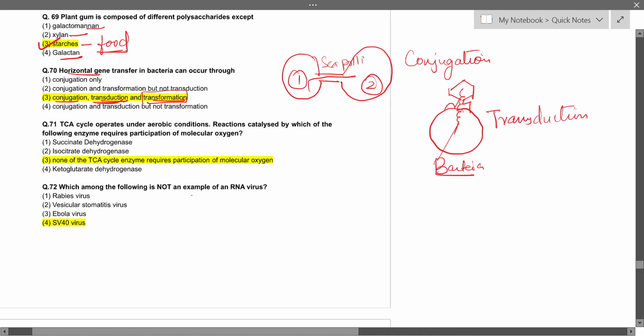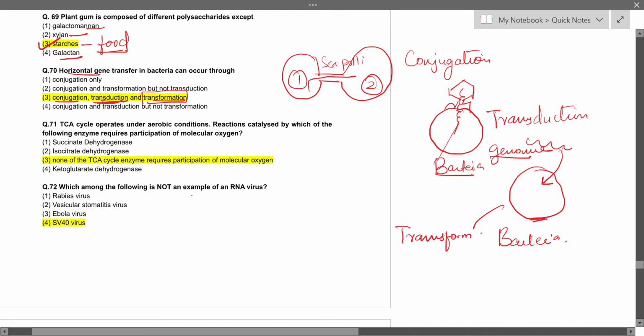Transformation is when a bacterium is present, and in its surrounding any genome is present, and if this genome is compatible with the bacterium, it can take up this genome within the cell. So this process is called transformation. We see transformation in Griffith's experiment. Griffith's transformation principle was given. What was the bacterium doing? It was taking up the genome from its surrounding.